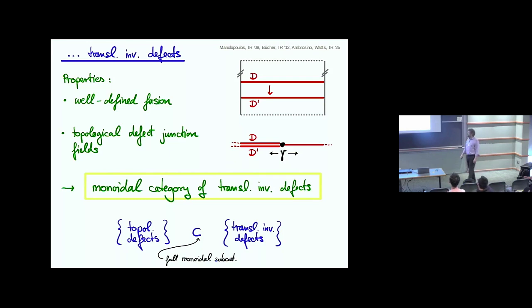So you do have this fusion operation, and you also have a notion of topological junctions. So you can ask, if I have two of these, say, or any number, can I find a topological junction from this into any other number of these defects? And you can think of these then as morphisms for your category of defects. So you do get a monoidal category.